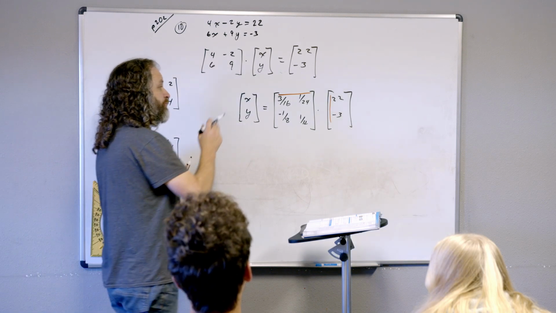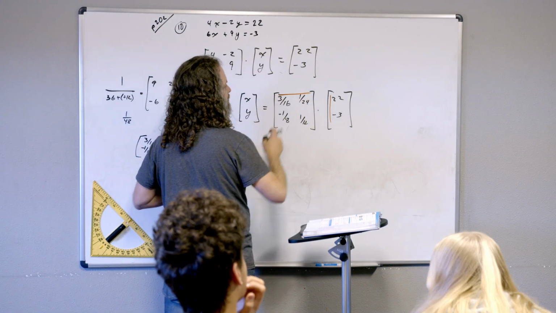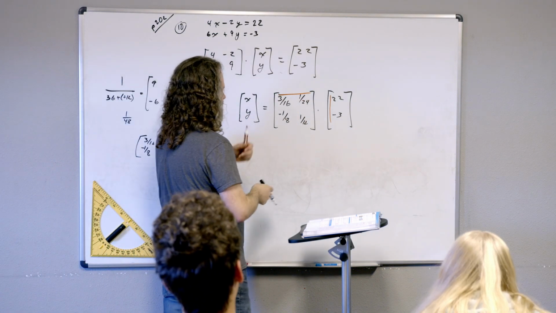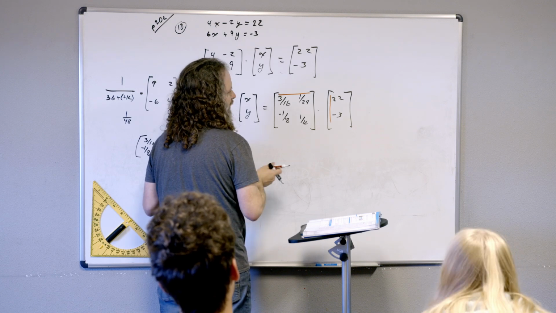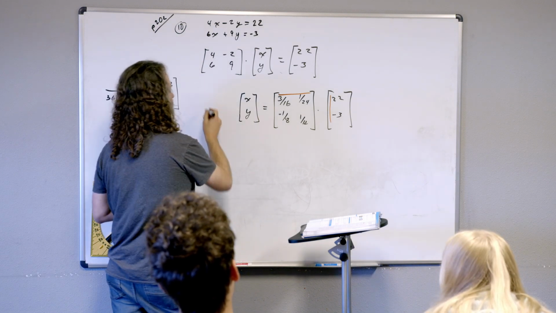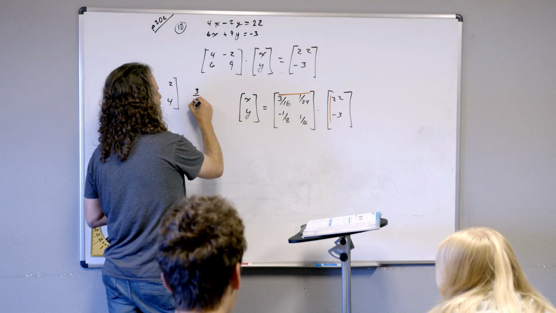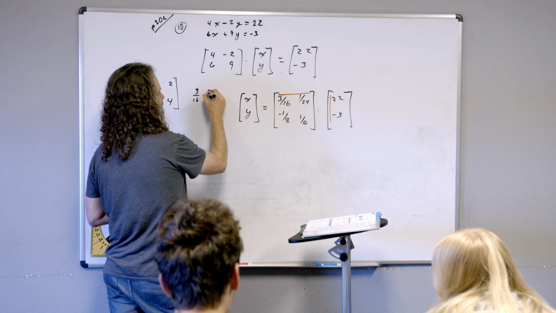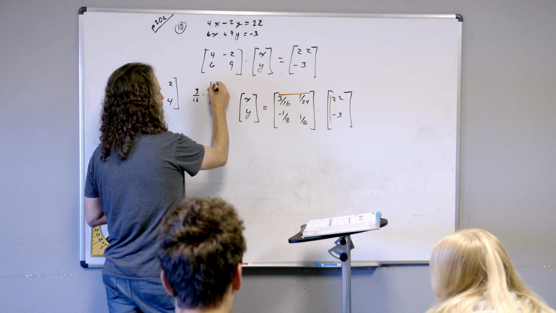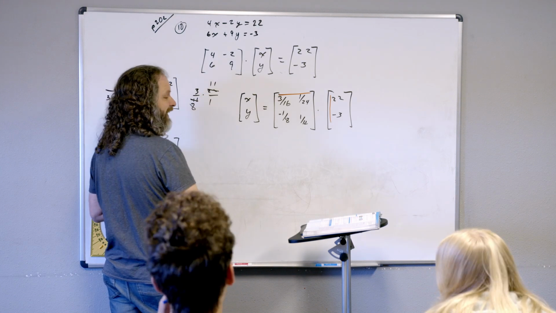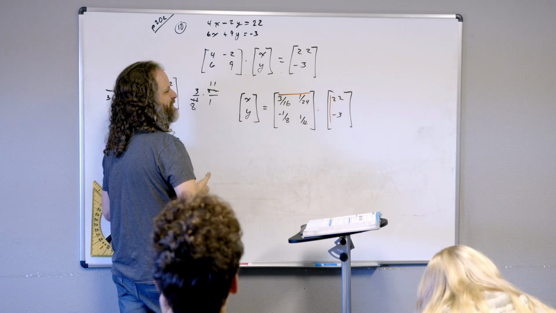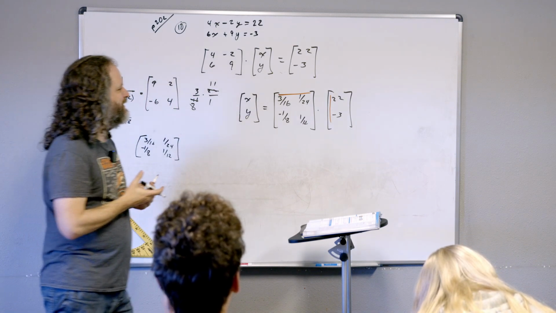Okay, so 3/16 times 22. 66 over 16. I think you should probably reduce, yeah? Yes. Yeah? 33 eighths. Isn't that a lot easier than whatever nonsense y'all said?